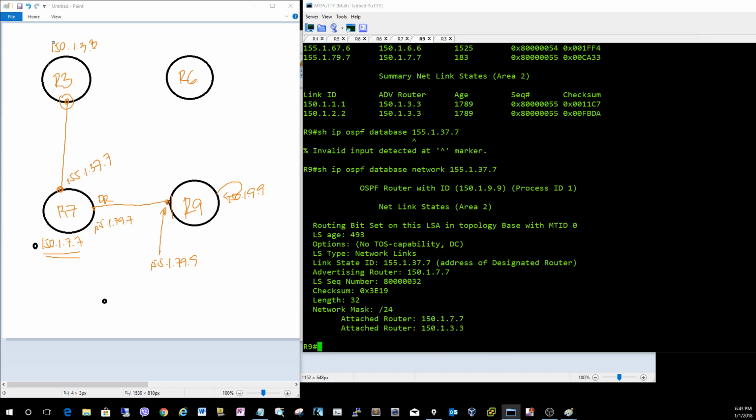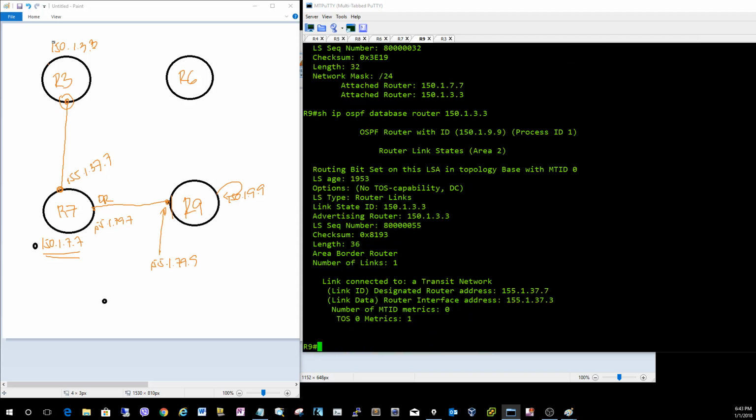Anybody? Okay, we can actually ask that router. So if you do show IP OSPF database router, now we put in the router ID, it is going to tell us that I have one link, and the designated router address on that link is 155.1.37.7, which is this guy right here, and the router interface facing that designated router address is 155.1.37.3.